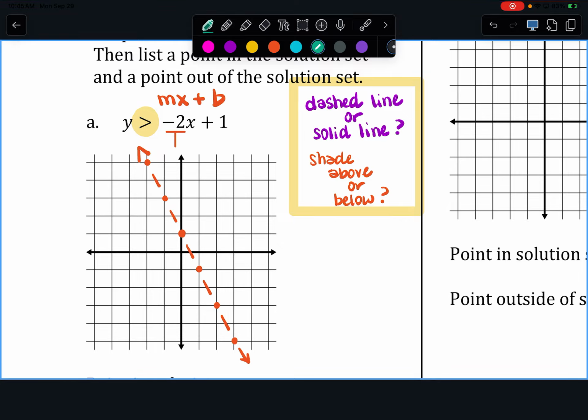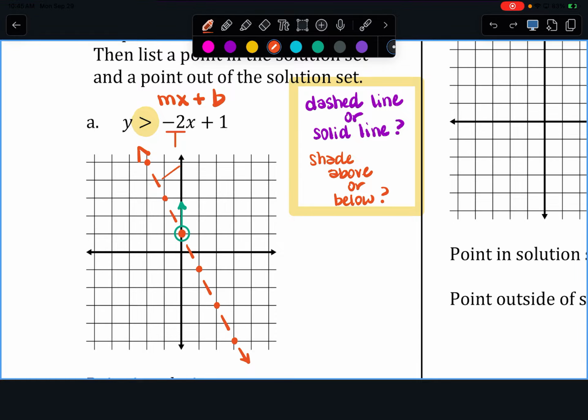And then the second thing is the shading. Well, this right here tells me that my y values are all greater than the line. Here's my current y value, and I want all the y values that are greater than that. So I want everything above the line, or the half that is containing these upper y values to infinity.